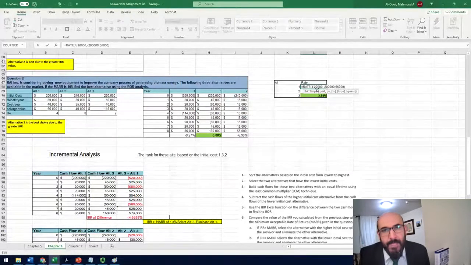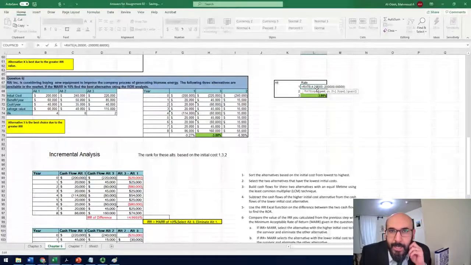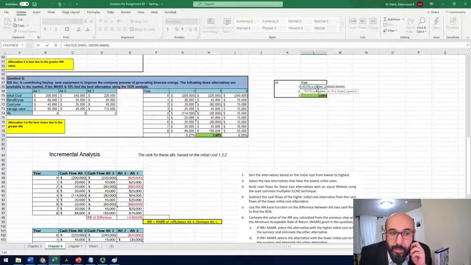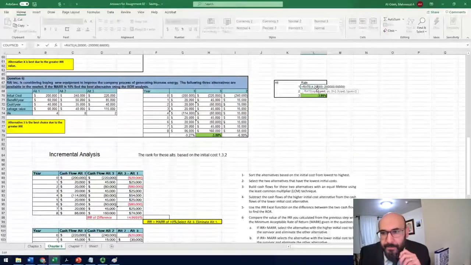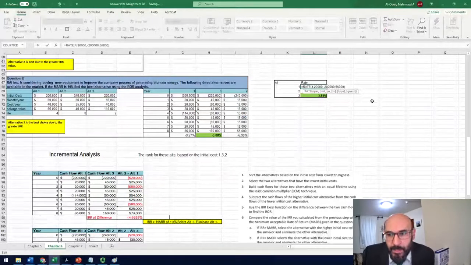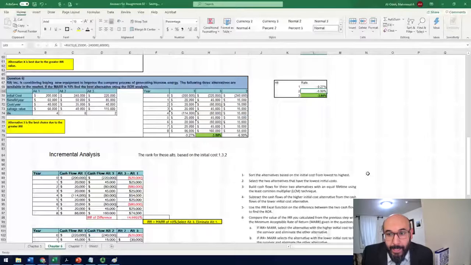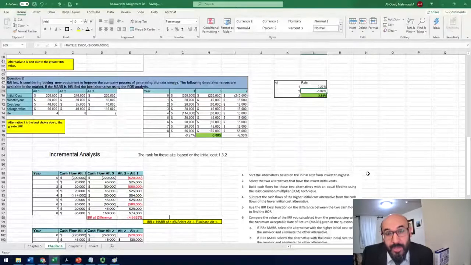That's the PMT parameter, which means a net annual worth of 20,000 positive. The next parameter is the PV, which is the initial cost of negative 200,000. And the last one is the future value, which is the salvage value of 66,000. Click enter, that will give you 9.27%, which matches this number as well.